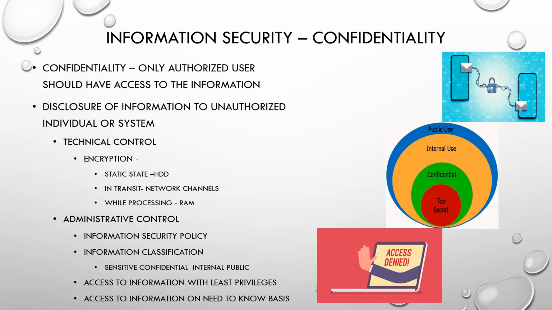The checker should have only read access, but not write access. So the maker has read and write access and the checker has only read access. This is called least privilege access. This achieves confidentiality of the document as well as it creates accountability also.